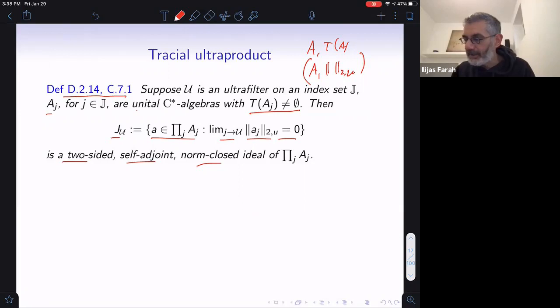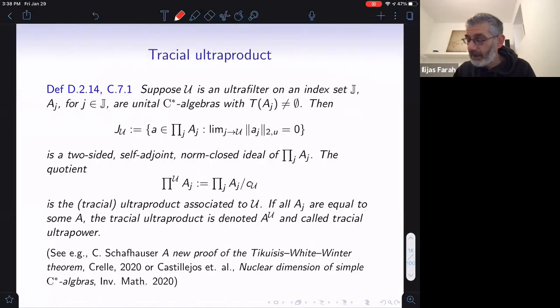You also check it is norm closed, and when I say norm closed, I mean even operator norm closed. We are talking about two different norms here, but because the tracial norm is dominated by the operator norm, it is going to be closed in both. And now we can form this quotient.